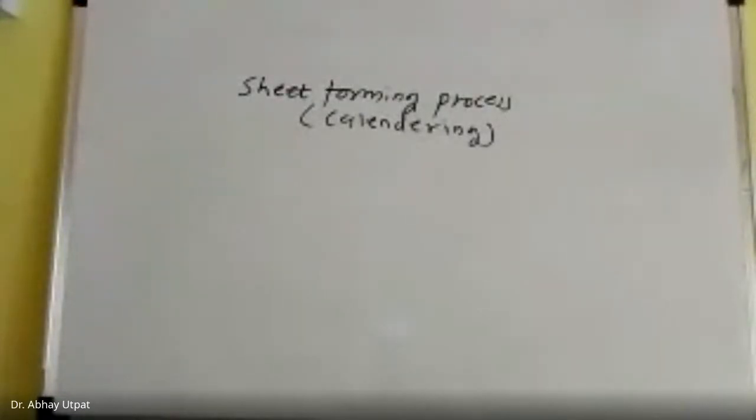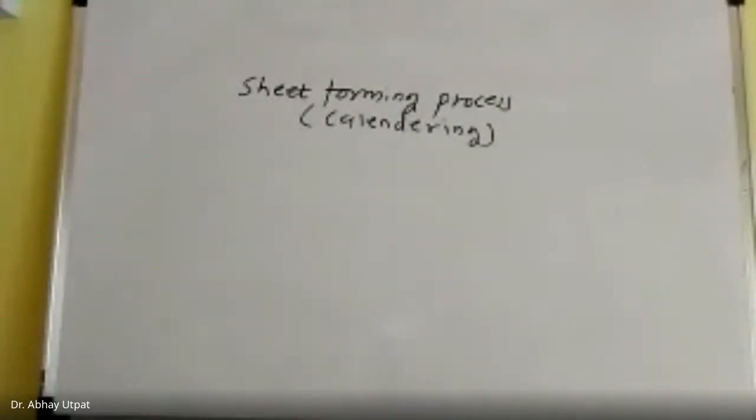Calendars are nothing but a group of rolls arranged together and maybe up to 7 numbers. So one by one up to 7. Full stop.